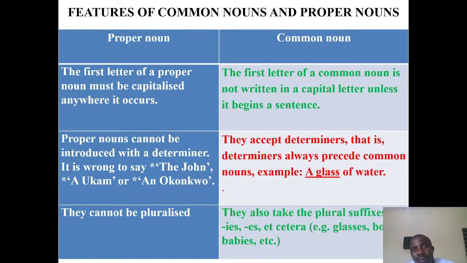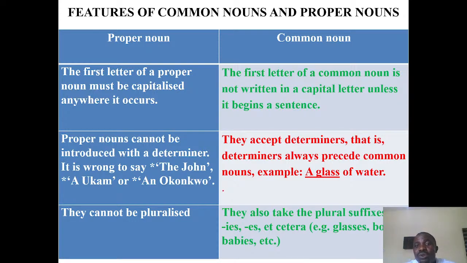Features of common nouns and proper nouns. What are the differences between them? Number one, the first letter of a proper noun must be capitalized anywhere it occurs. Anywhere you see it, you write the first letter in capital letter.